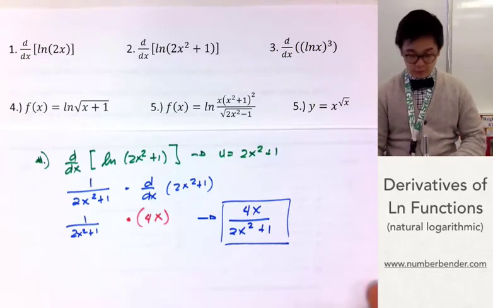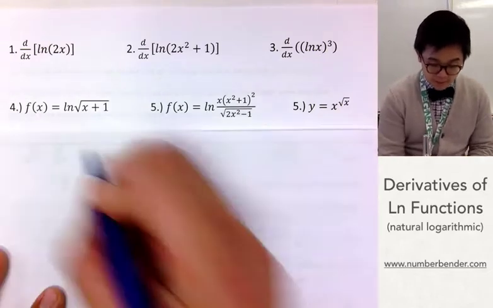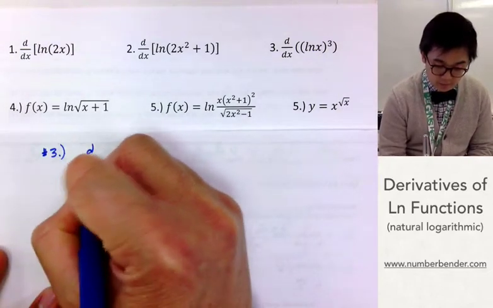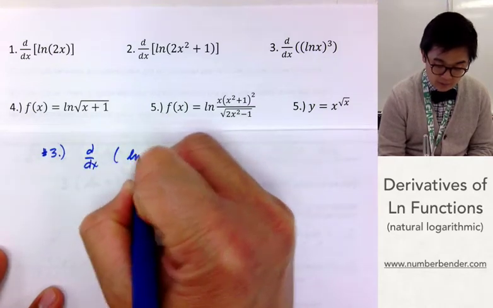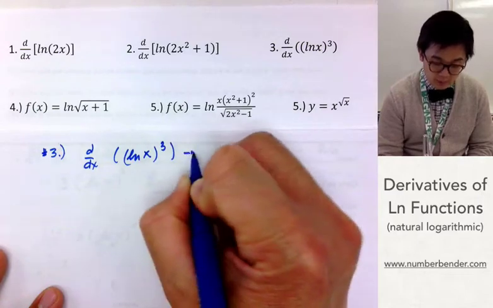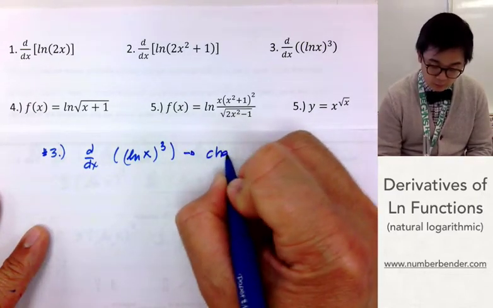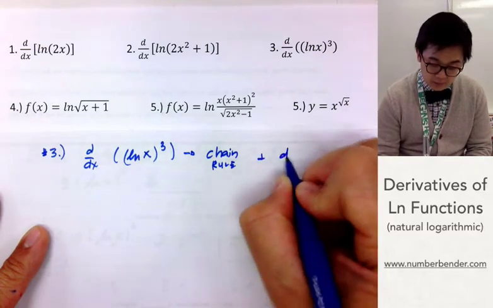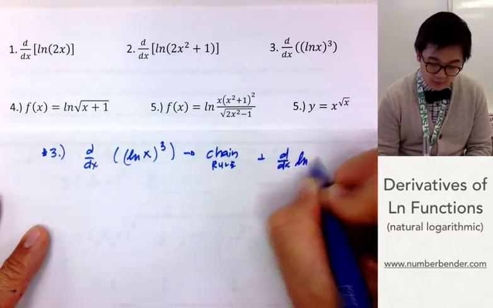And for problem number 3, we have to take the derivative of ln x raised to 3. So here we will be using the chain rule plus the derivative of ln u.